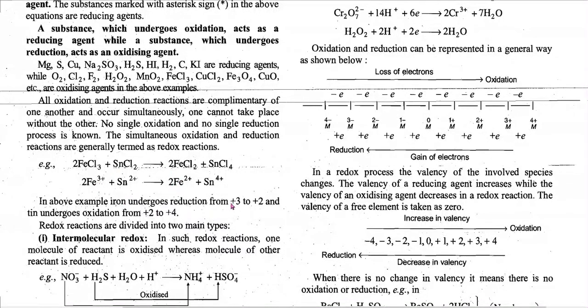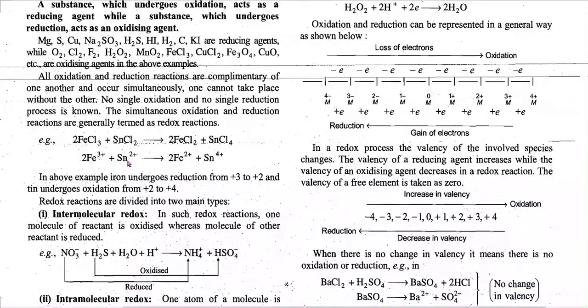So from +3 to +2. This is an example of reduction. Sn2+ is getting converted into Sn4+. So this is an example of an oxidation reaction. Okay, you will learn this soon. I will explain this reaction one more time in the electronic concept of oxidation and reduction.